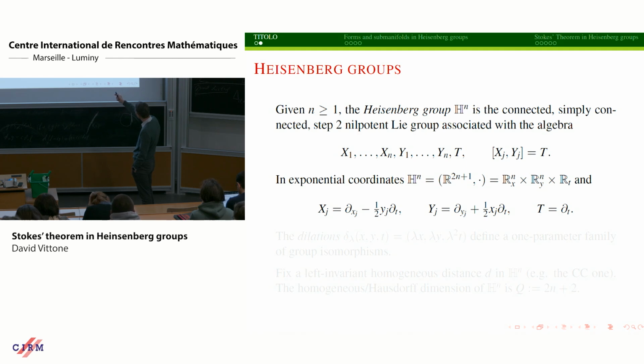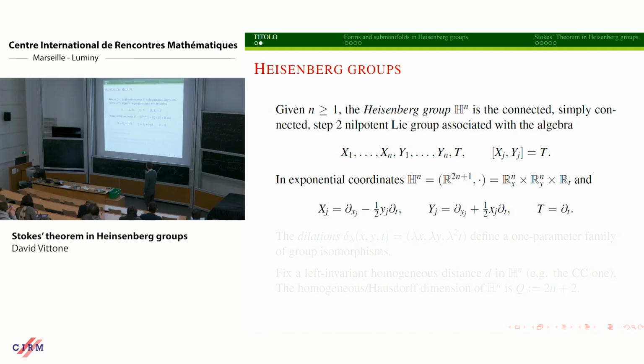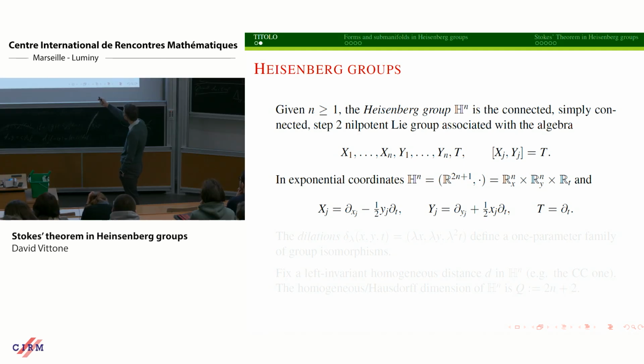So x has n components, y has n components, and t is, in my pictures, the vertical direction. This is how the vector fields read in coordinates. T is the vector field which is constant.